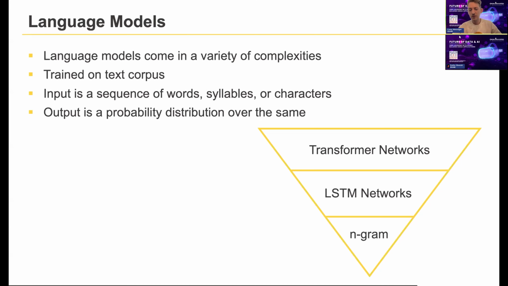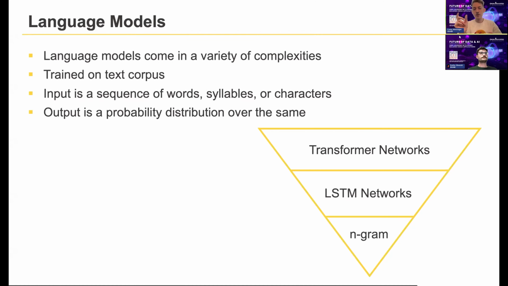What is a language model? They come in a huge variety of different complexities. Language models are, in brief, models that are trained typically on text corpuses, so lots of text data. They often use as an input either sequences of words representing one-hot encodings from possibly a huge dictionary, or sometimes they'll use individual letters from the Latin alphabet, or sometimes they'll use syllables.